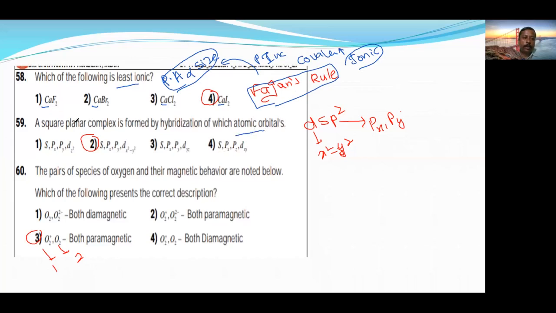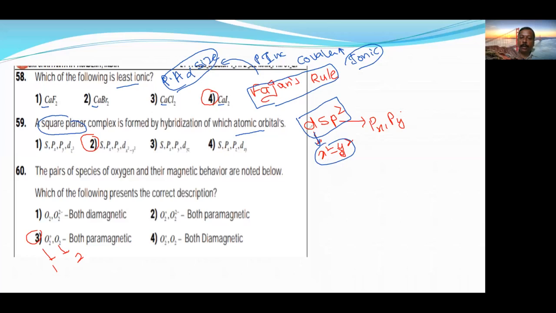Okay. Now here it is a square planar complex. Square planar complex means it is dsp2 hybridization. So the main problem comes: what is the d orbital? We have 5 d orbitals: dxy, dyz, dzx, dx square minus y square, and dz square. So which orbital to use?